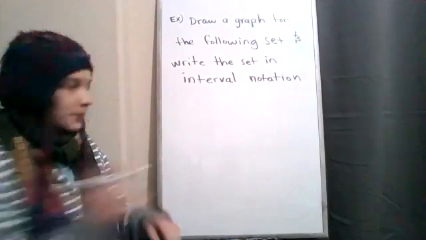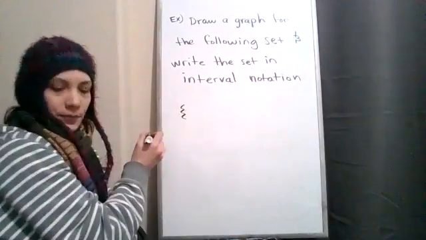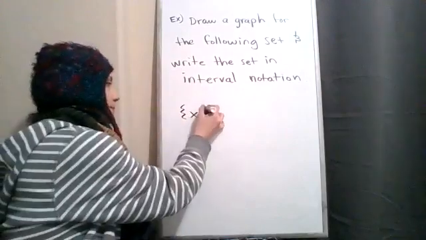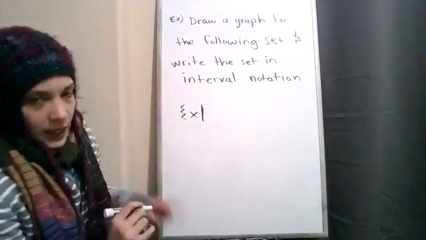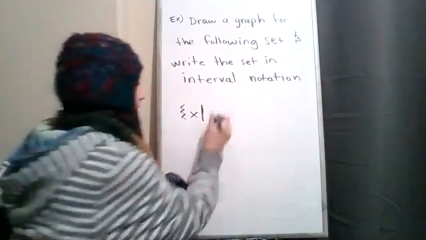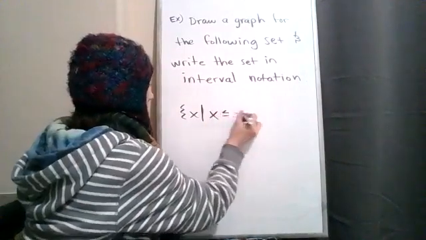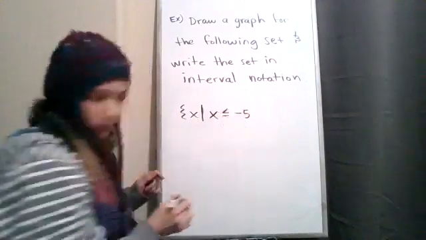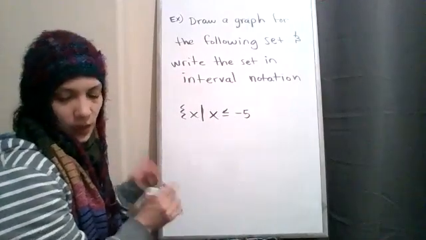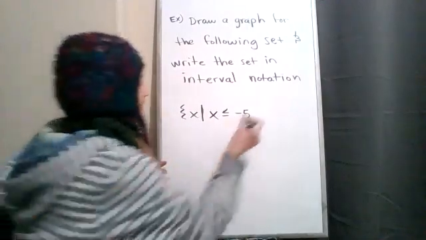Here's the set. It's got x values such that x is less than or equal to negative 5, or x is strictly greater than negative 1.